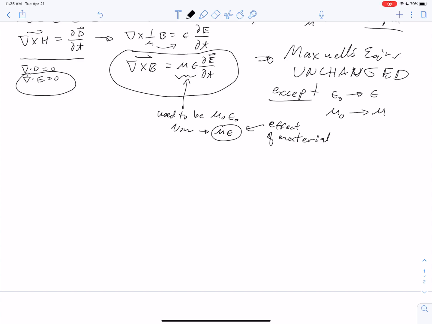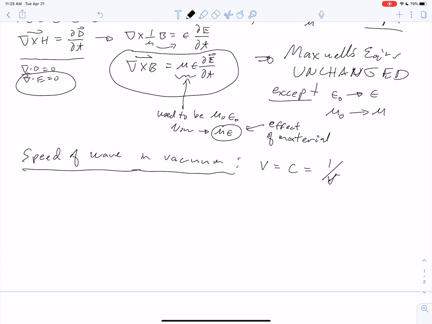You can see that very easily by remembering that the speed of the electromagnetic wave in vacuum, which is an important number, the velocity c, is 1 over the square root of mu naught epsilon naught.